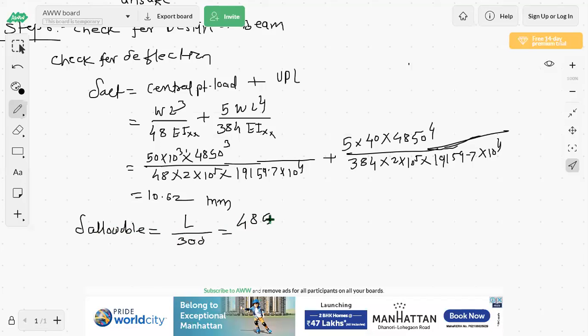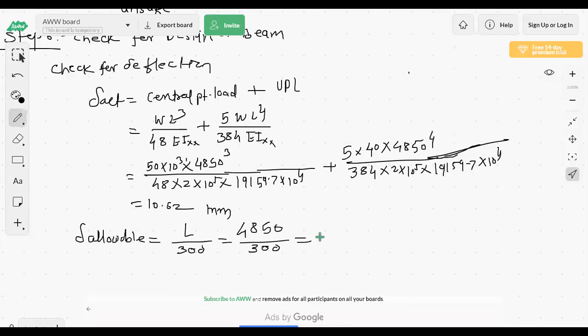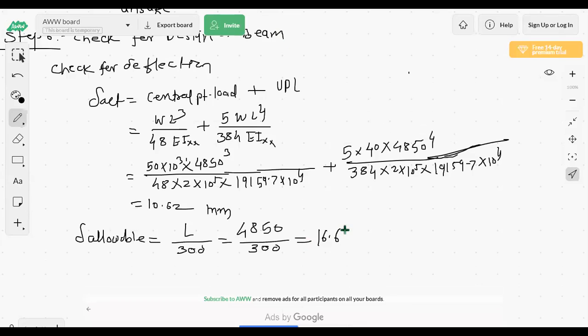L is 4850 divided by 300, which is equal to 16.16. Correct.